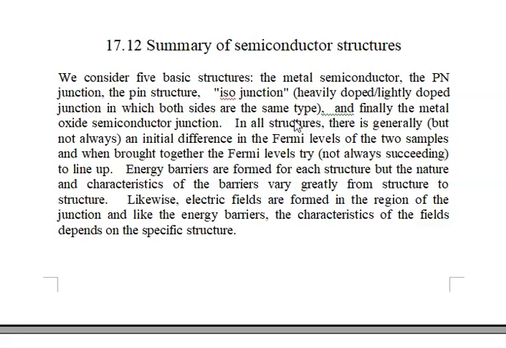One I'd love to cover, but it might take us a little far afield, is the thyristor, but I don't know if we'll get into that. Anyway, the 5 that we're covering here are the metal semiconductor, the Schottky, the p-n junction, the pin structure, the iso junction, and finally the MOSFET.